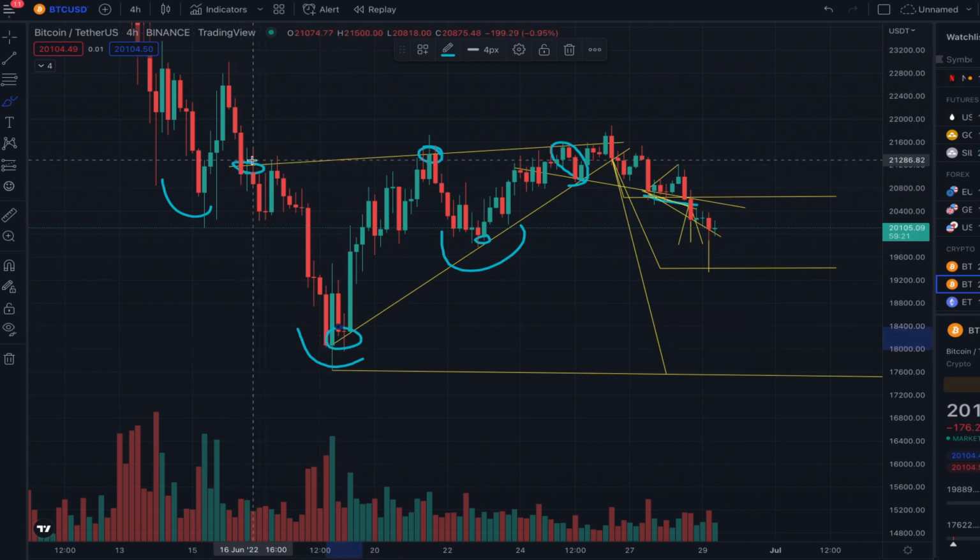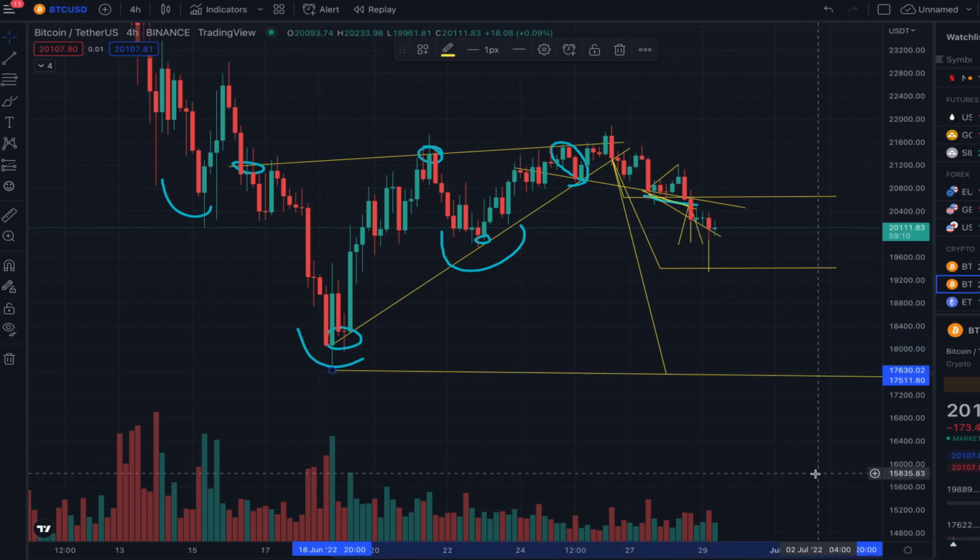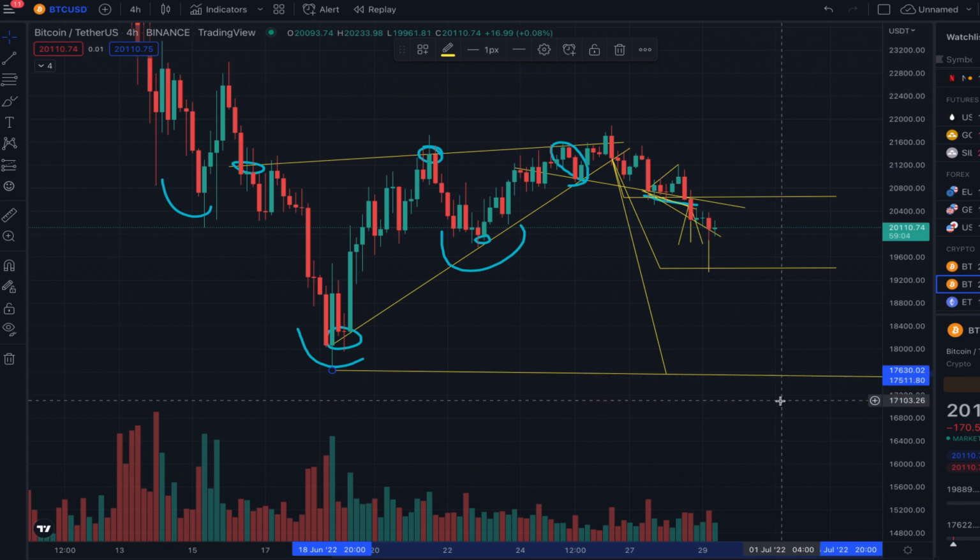Now this is the widest part of the ascending triangle, so that gives us the ultimate price target of it, and that ultimate price target is somewhere around $17,630. Now keep in mind it could extend a bit downwards to about 16,000.